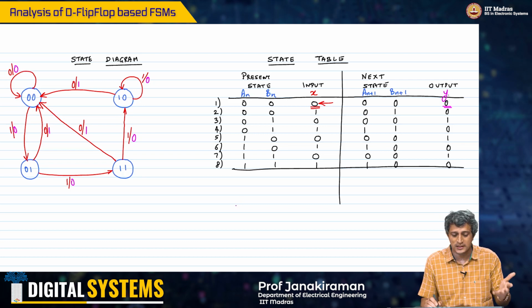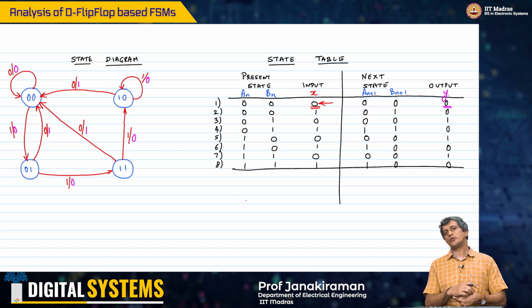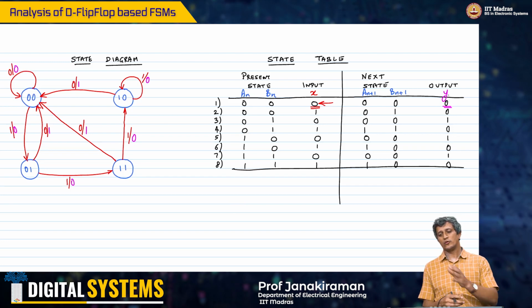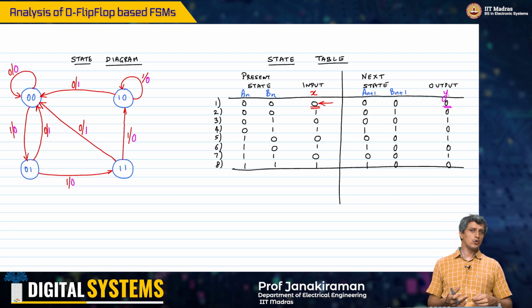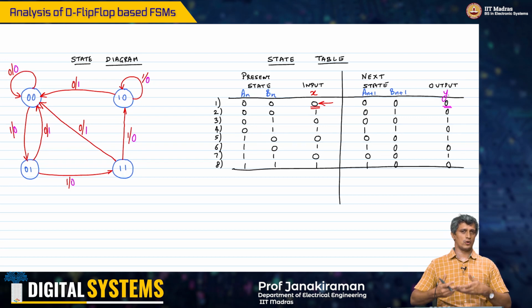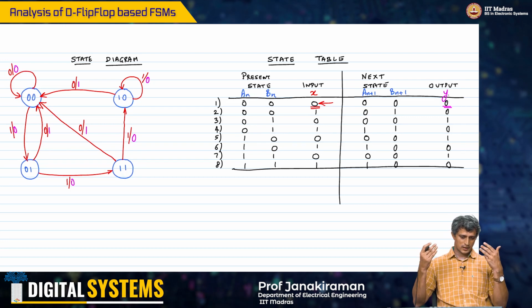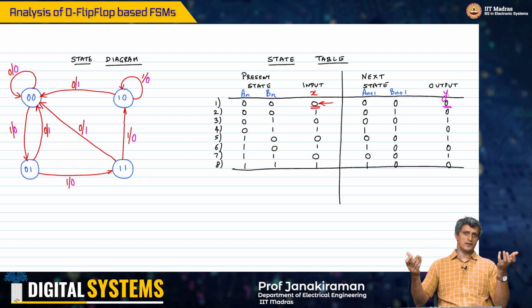So all these transitions are not possible to capture using a truth table, and that's why you move to what is known as a state table, which will allow you to design this whole finite state machine in general.